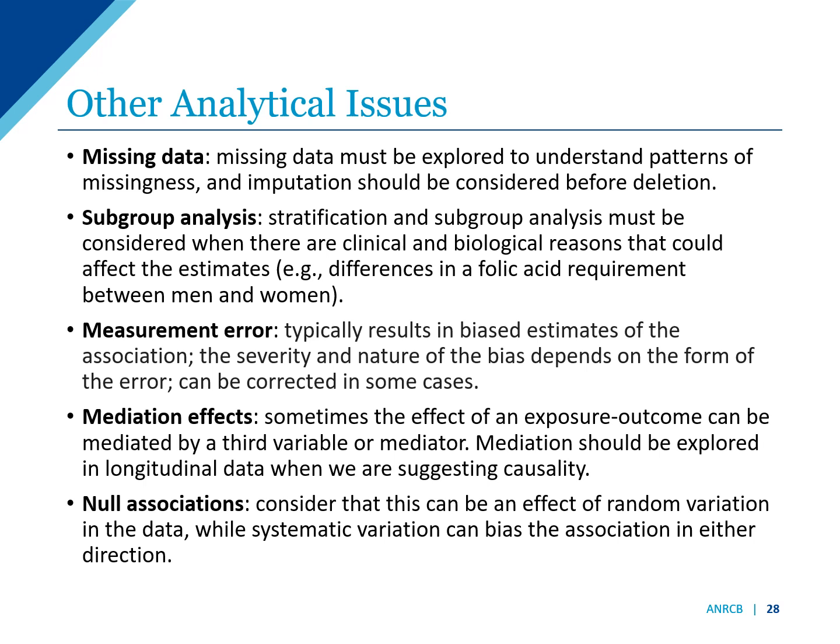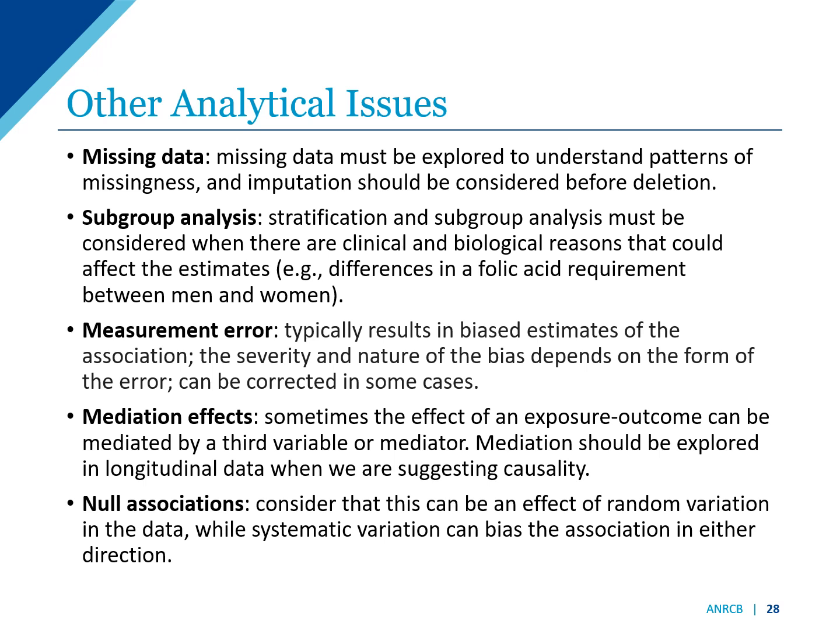Measurement error. There's often measurement error in nutrition research, and it results in biased estimates of an association, but the severity and the nature of that bias depends on the type of error, and in some cases it can be corrected. Mediation effects.